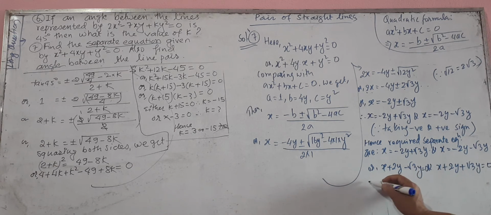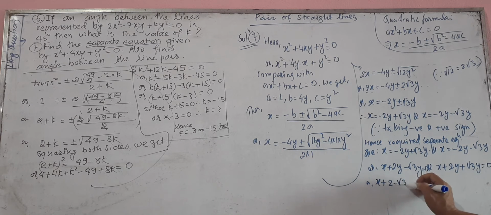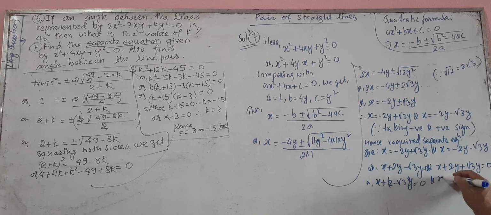Taking y common, x plus (2 minus root 3) y equal to 0 and x plus (2 plus root 3) y equal to 0. Now these are the separate equations.